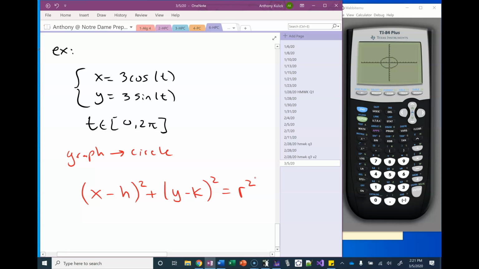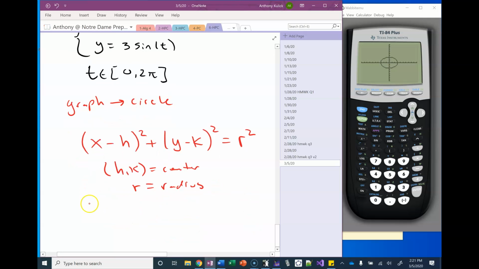So our general equation for a circle is x minus h squared plus y minus k squared equals r squared, where (h, k) is the center and r is the radius. So if we look at our graph, what is the center for this circle? 0, 0.